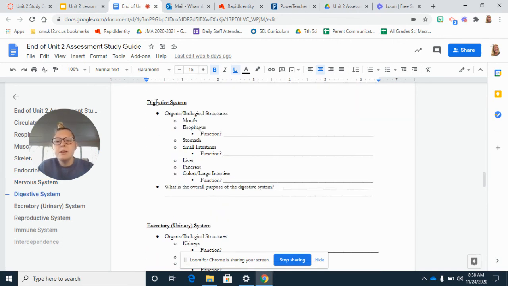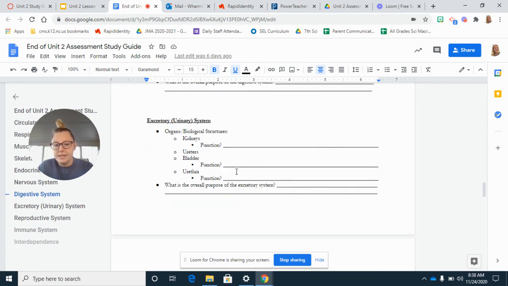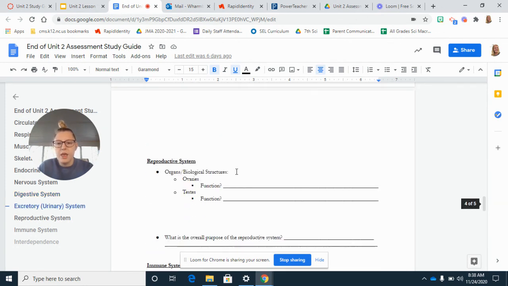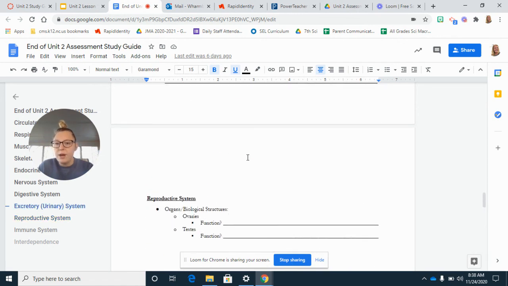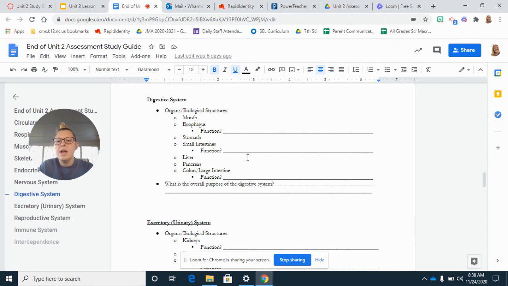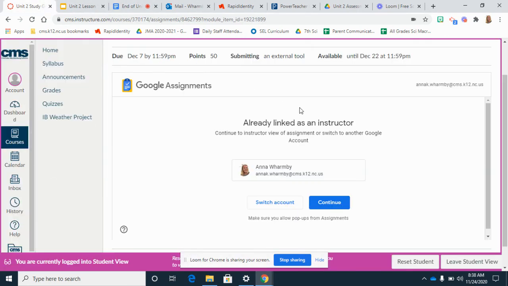And then today, please make sure you fill out the digestive and the excretory or the urinary system. We will work on the reproductive system and the immune system after break. So please make sure you fill out the digestive system and the urinary system. Again, you're not going to turn it in because there's nothing to turn in yet, but you are just going to keep up with filling out the study guide.